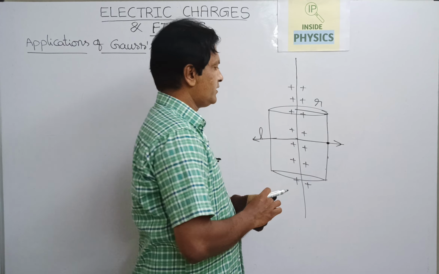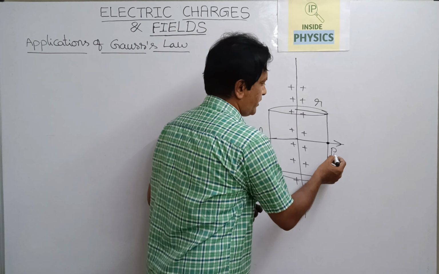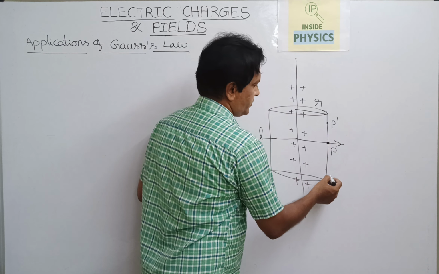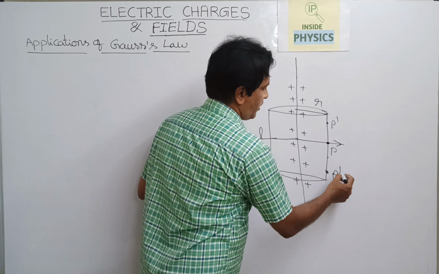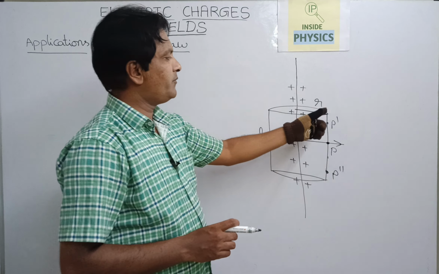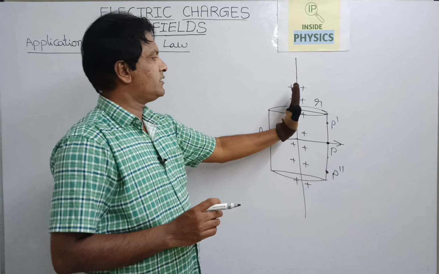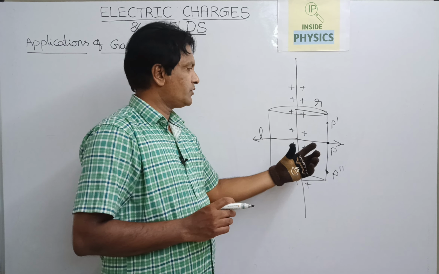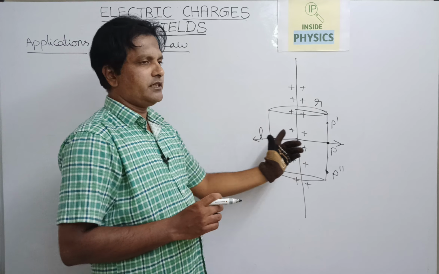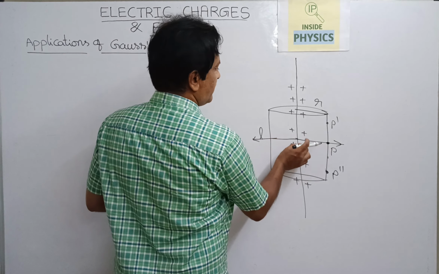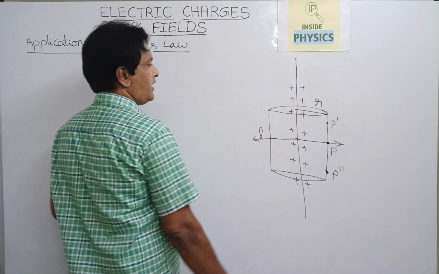If you take a point P dash, or a point P double dash, all the points have the same electric field, which depends only on the distance from the axis. This is the axis of rotation. If you rotate the cylinder, it has rotational symmetry, and all the points on this surface are equidistant from the axis.